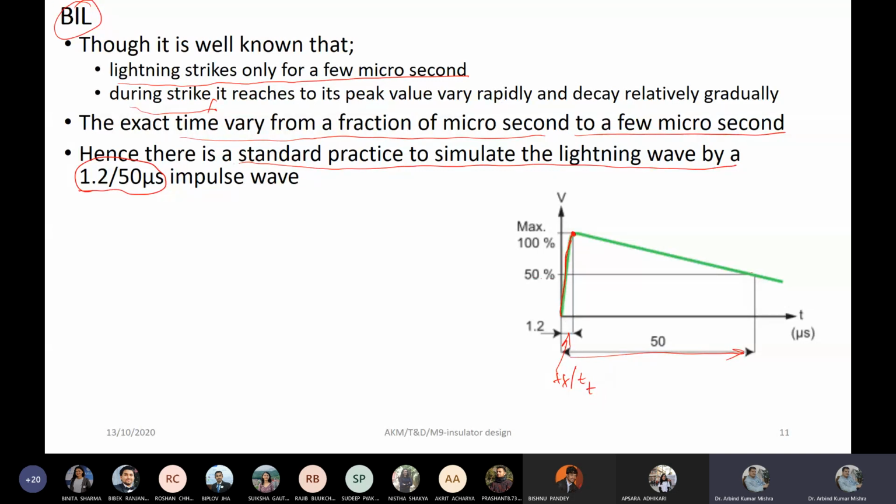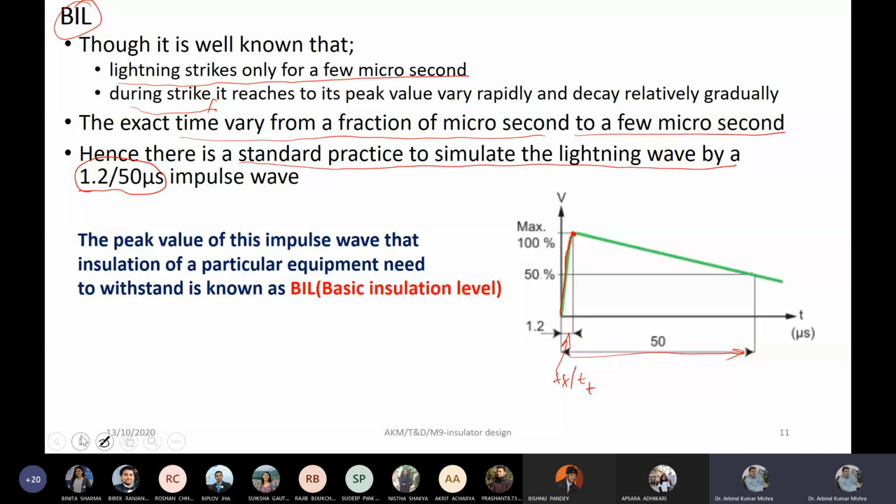So this is the standard wave used to ideally simulate the lightning current or lightning voltage across any device, and the peak value of this standard impulse wave is what the insulation of a particular piece of equipment needs to withstand.